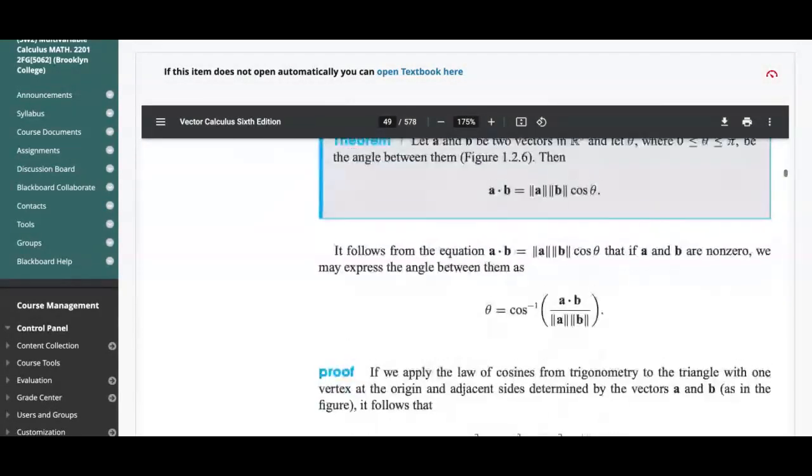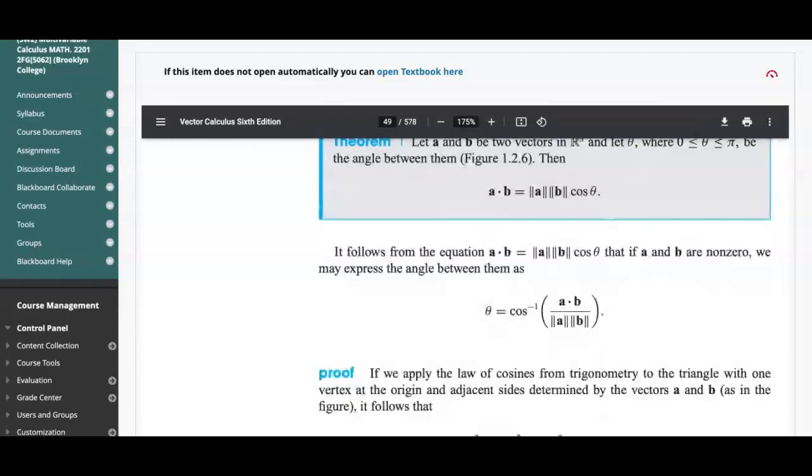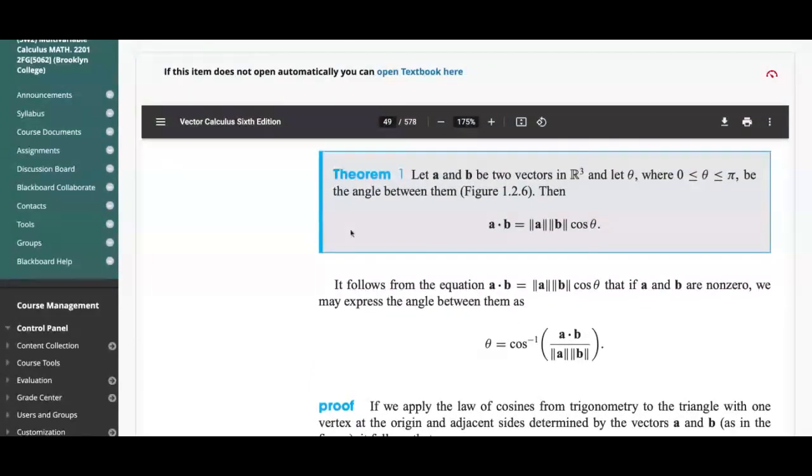The angle between two vectors, if two vectors are not collinear. If they are collinear, the angle made between them is 0. So we use this formula, we have this theorem. A dot B equals the length of A times the length of B multiplied by cosine theta.